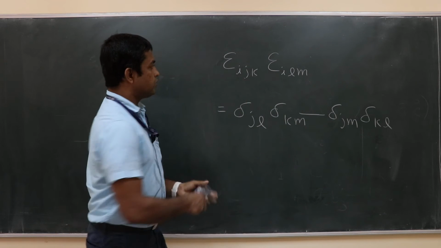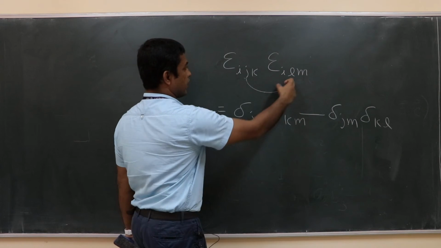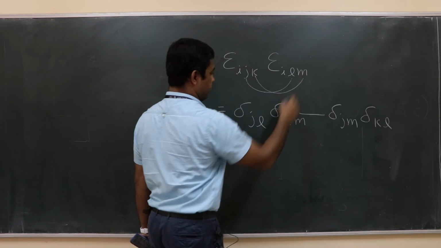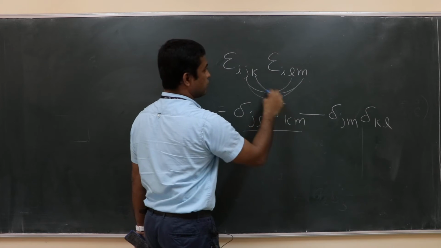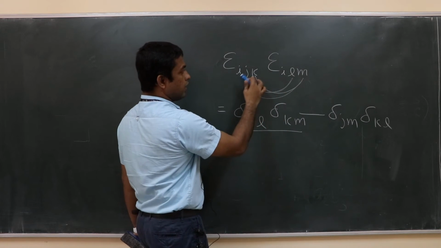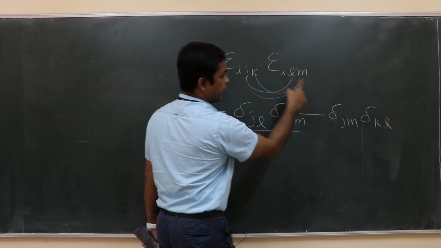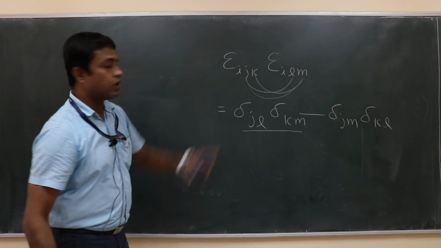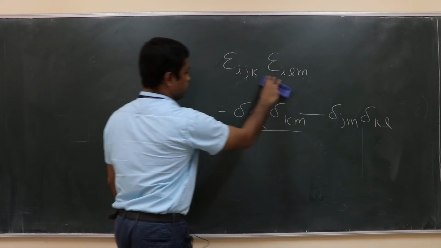Then delta J into L, first to first, second to second, and delta K into M. That is this term. Then first to third and second to second: delta JM delta KL. So this is equal to this. This formula will be useful when you derive certain identities.